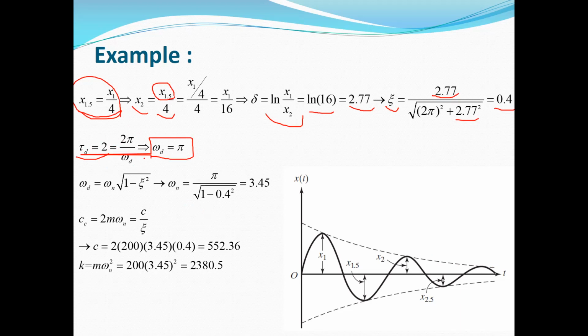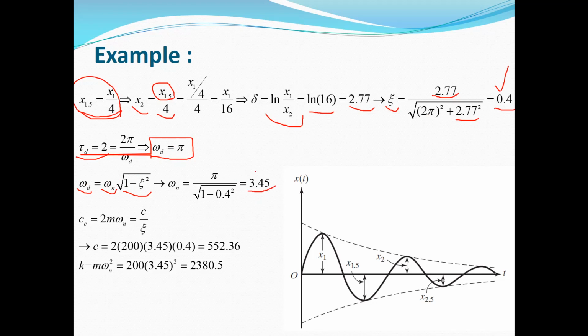This is the frequency of the system. We also know that the frequency of a damped system is equal to the natural frequency multiplied by the square root of 1 minus zeta squared. Zeta obtained here is 0.4, and omega d obtained here is pi. So easily the natural frequency of the system will be obtained, 3.45.